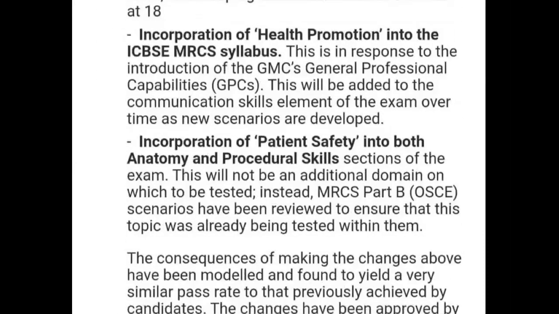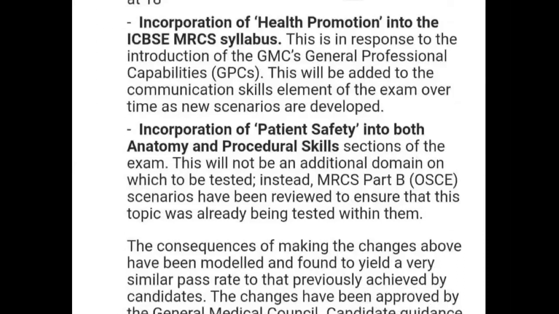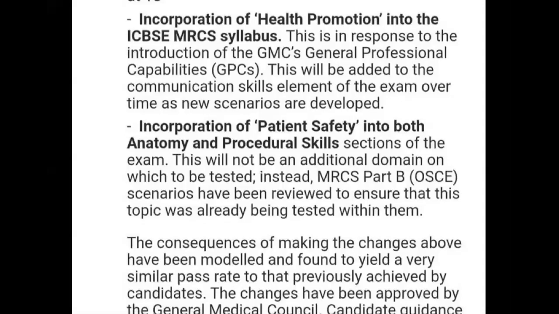What's not clear till now is the incorporation of health promotion into the ICBSE MRCS syllabus. I don't know exactly what they mean by this. Also, incorporation of patient safety in both anatomy and procedural skills.